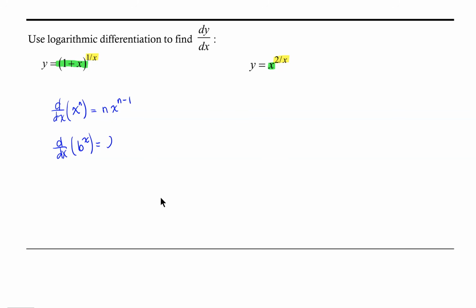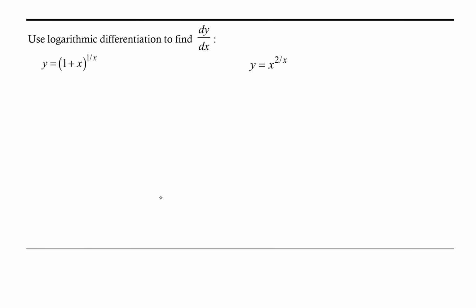So this would be the natural log of b times b to the x power. But we don't have a rule that helps us with the case where the variable is in both places. So we're going to use logarithms and logarithmic differentiation to help us find these derivatives.